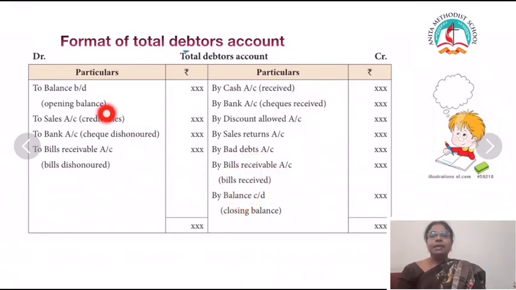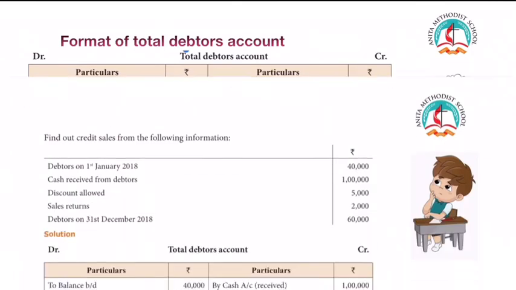And on the debit side, to balance brought down, opening balance, to sales account, credit sales, to bank account if any cheque is dishonored, and to bills receivable account if bills dishonored.